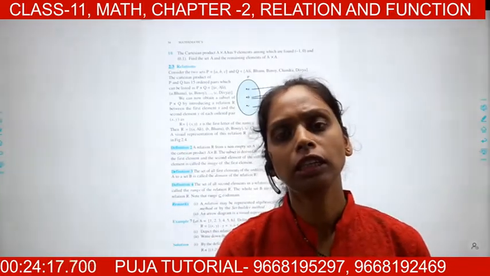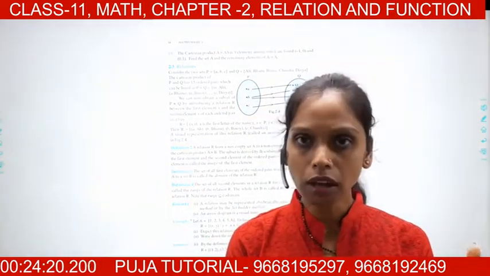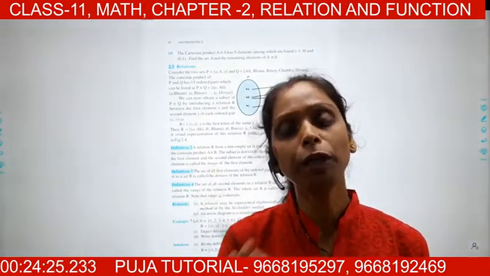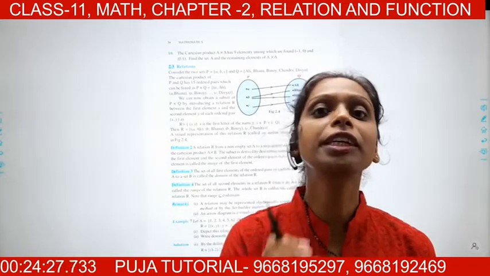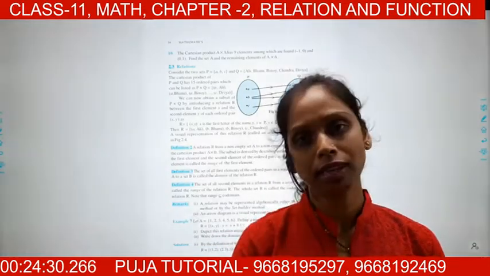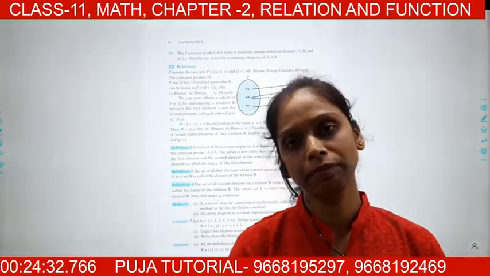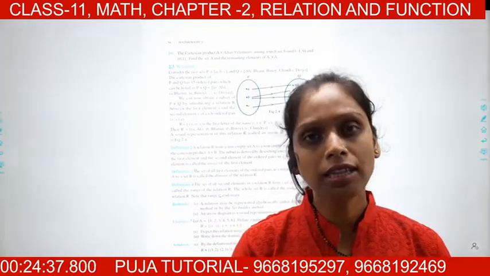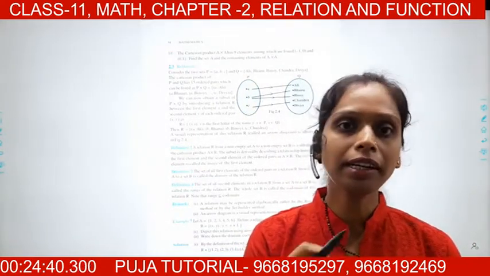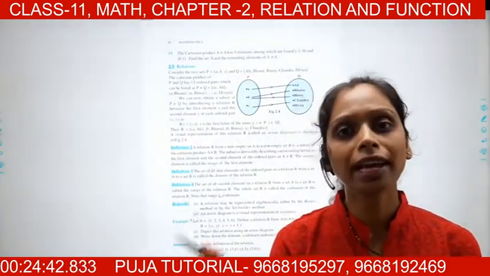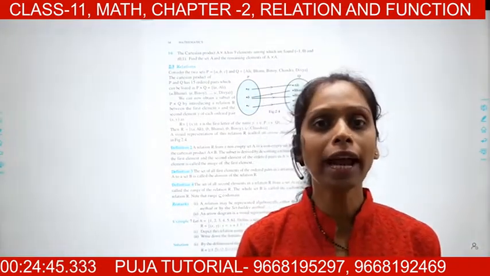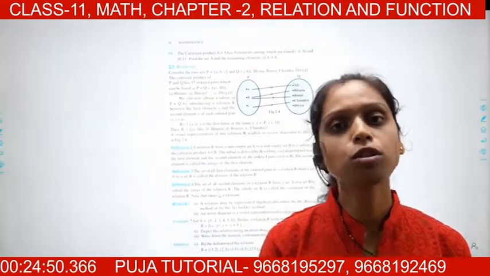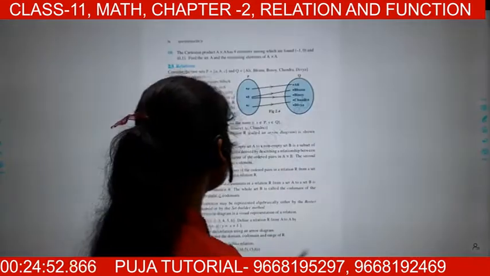Relations actually make a combination of ordered pairs between two sets by a given rule, a given criteria. What is the criteria? Always a relation is a rule, like brother and sister relations. You know that a rule is followed, then it is also a concept of the relation.